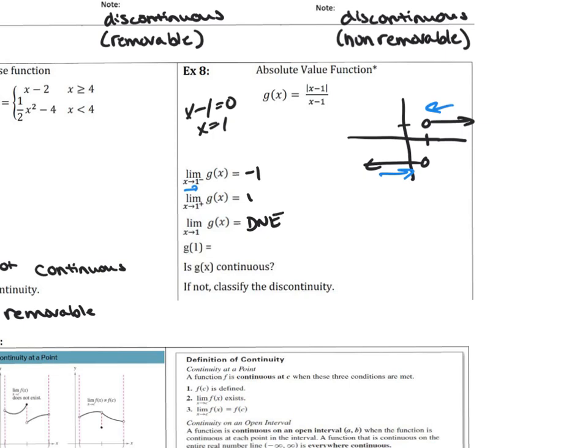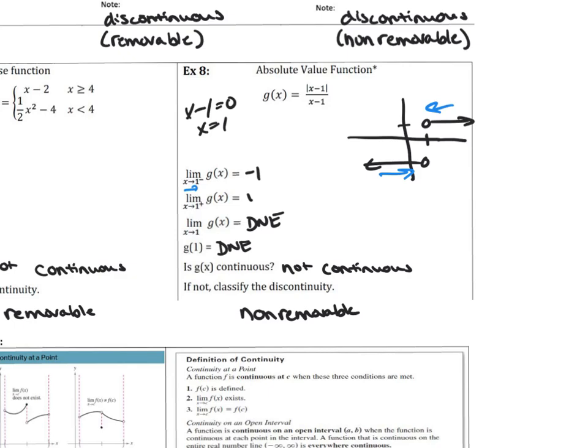Unfortunately, based on the definition of this absolute value function, g of 1 doesn't exist. g of x is not continuous, and it is a non-removable discontinuity because there's nothing that we could rewrite in our g of x function that would somehow make this continuous.